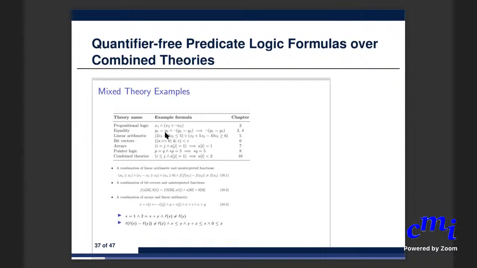For example, y1 is equal to... here the theory is the theory of equality. So I have equality, and the domain over which the variables can range can be some arbitrary domain. It can be integers, any domain for that matter.